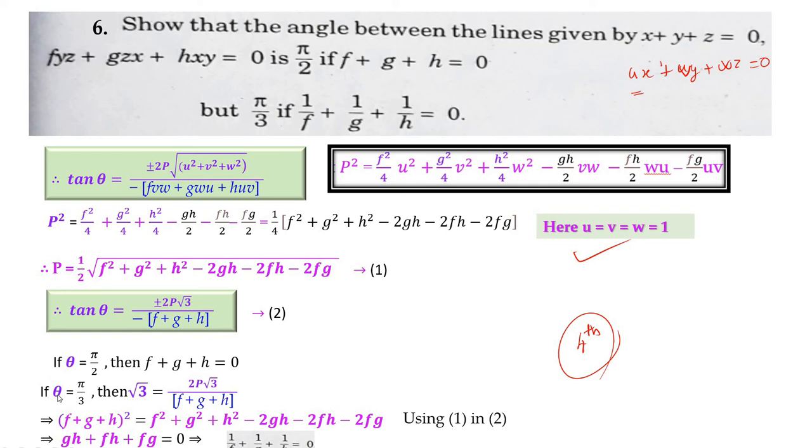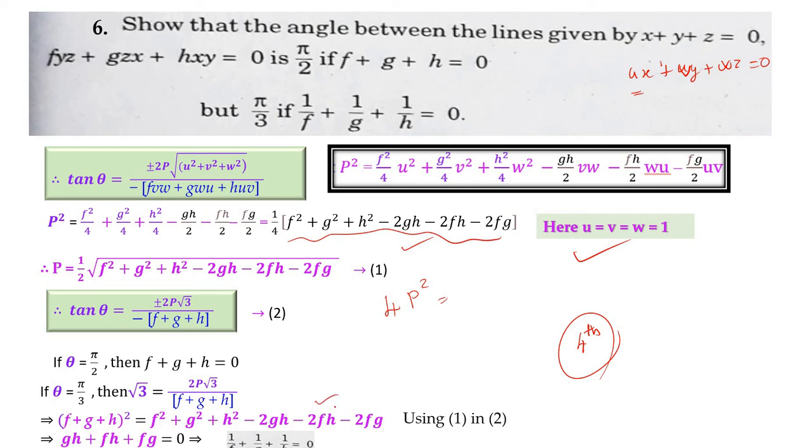Now suppose you have theta to be pi by 3, say, then tan pi by 3 being root 3, in this you can cancel these two, so you will be left with f plus g plus h the whole square, and this is 4 times p square. So when you have 4 times p square, it is already given in this. So 4 times p square means you have just these terms alone.